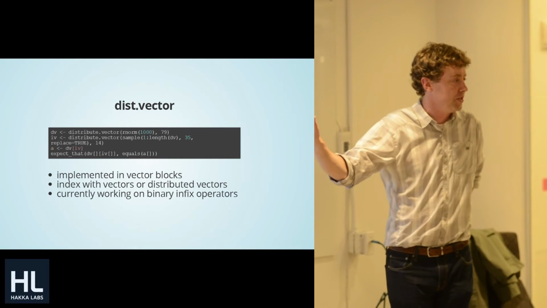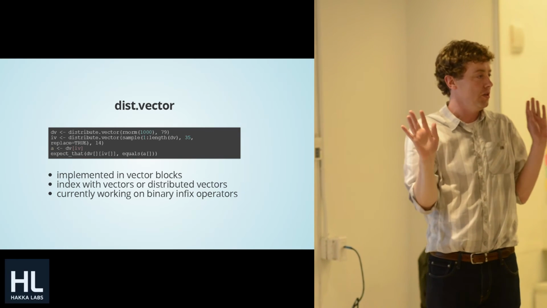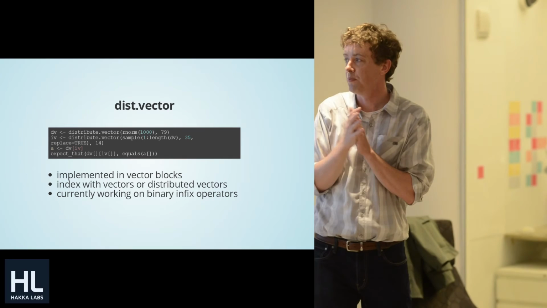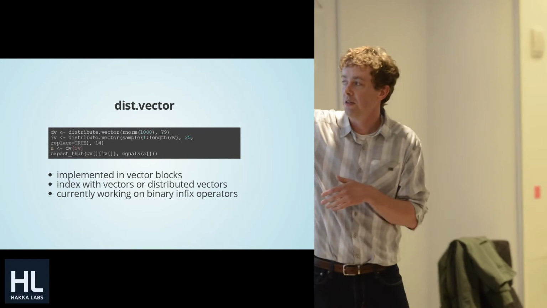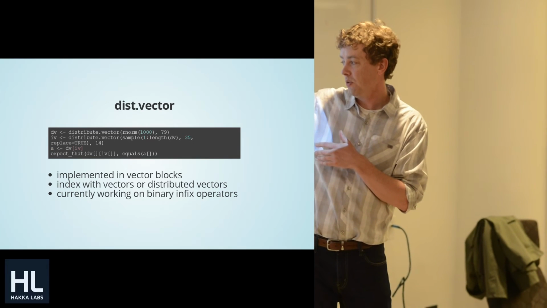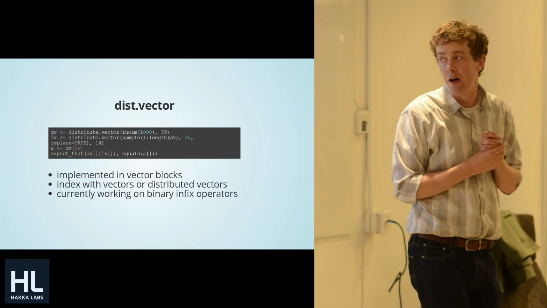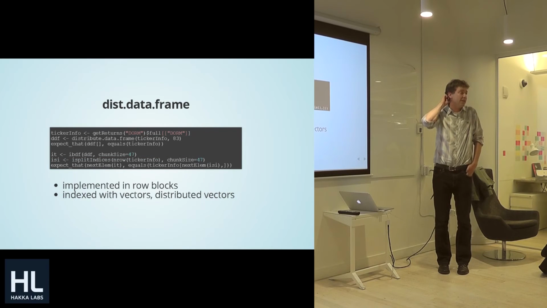So why did I spend so much time on the vectors? It turns out anytime I want to do indexing or these logical expressions with data frames, we're always creating vectors. So once I can do this, and once I can do binary infix operators like or and, then I can start indexing distributed data frames.